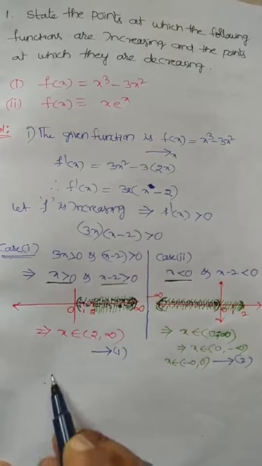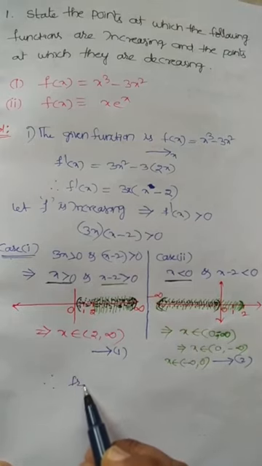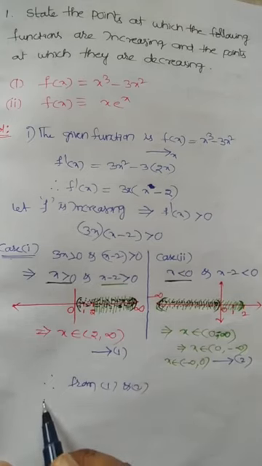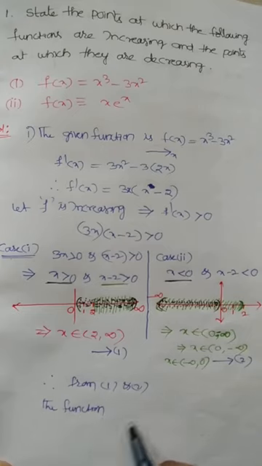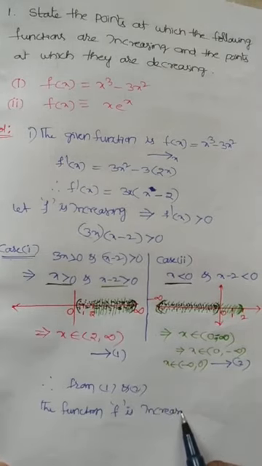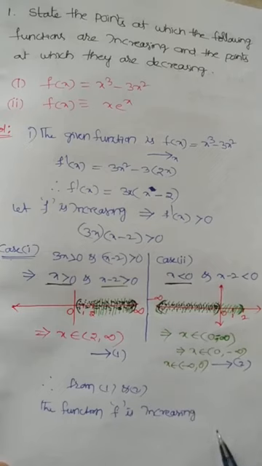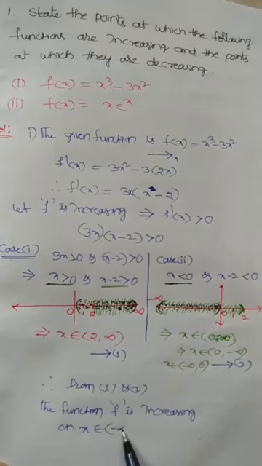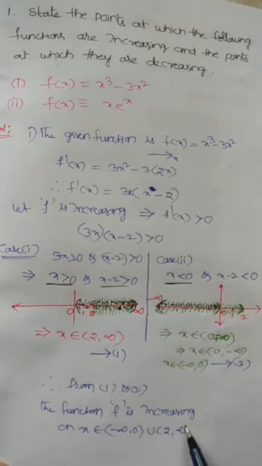Therefore, from 1 and 2, the function f is increasing on x belonging to minus infinity to 0 union 2 to infinity.